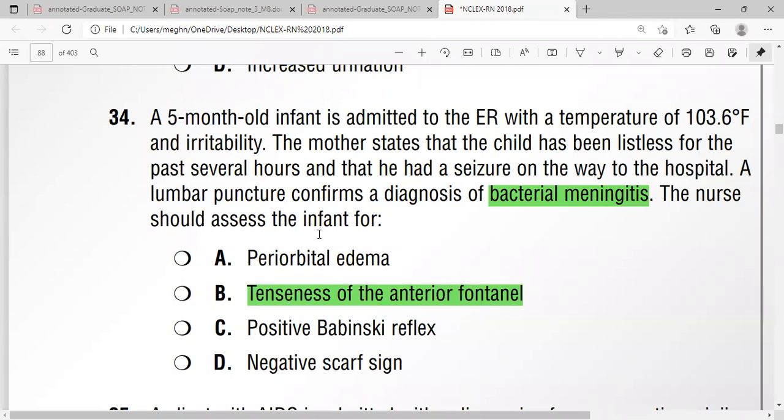Answer A is incorrect because periorbital edema is not associated with meningitis. Answer C is incorrect because a positive Babinski reflex is normal in an infant only 5 months old. Number D is incorrect because it is related to the preterm infant, not to the infant with meningitis. So number B is the answer.